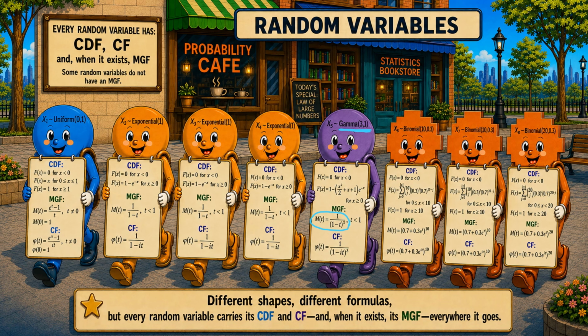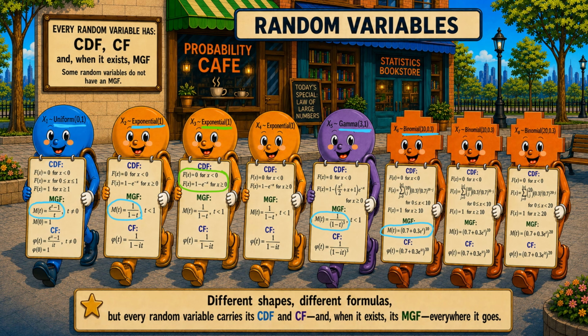And in an ideal scenario, there should be only one distribution that would be able to claim this MGF. In other words, the MGF could be used almost as an ID for a distribution, much like the CDF, where if somebody called out a particular CDF, we know what distribution that refers to, and if somebody called out a particular MGF, we would equally know what distribution that refers to.